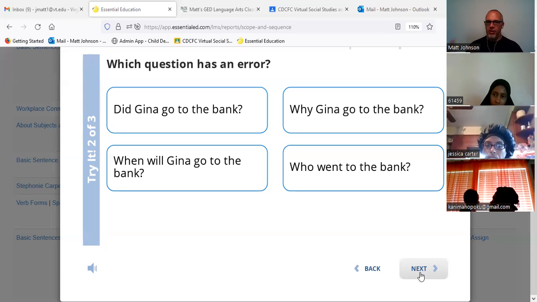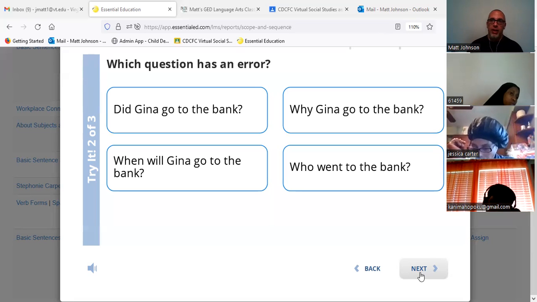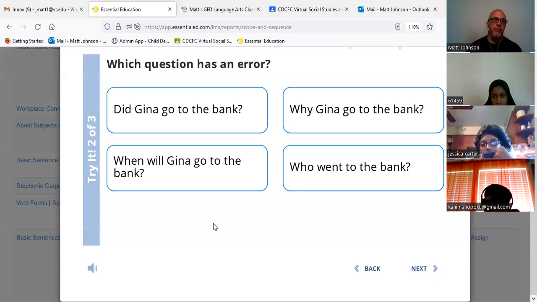I mentioned this, Nilda knows I talk about this: in conversational language, we leave out a lot, right? And we get into bad habits when we do that. When it comes time to write, we have to remember that if we're writing something formally, the people who are going to be reading it don't always know the context. They don't know that missing information. So we have to make sure that we're including everything.